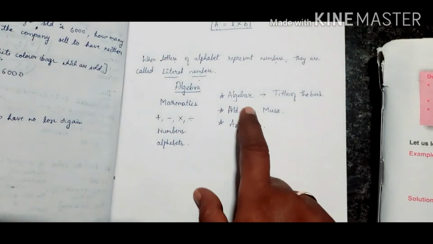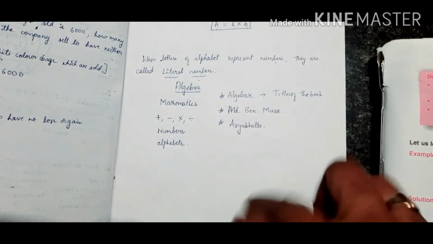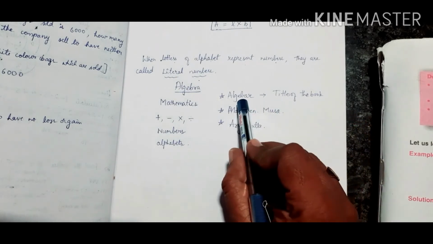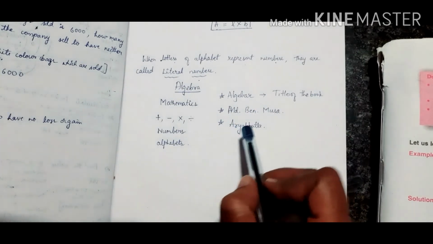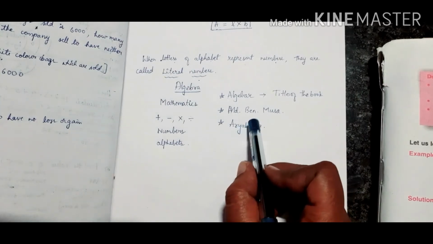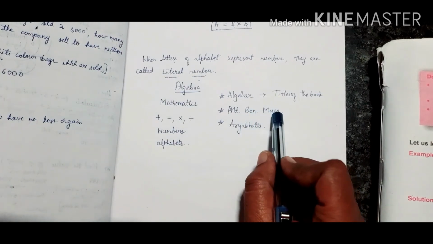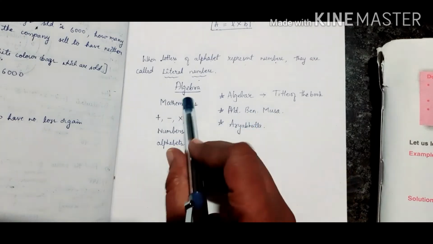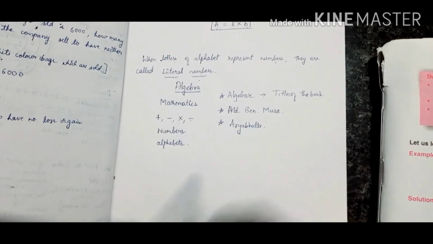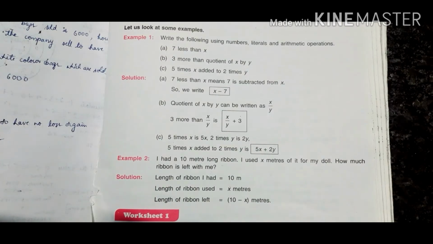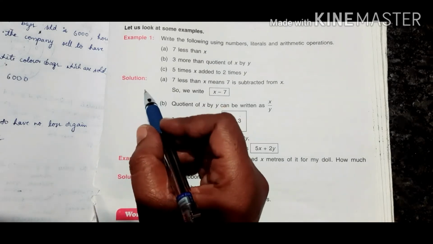The word algebra is derived from the title of the book Algebra, which was written by the Arab mathematician Muhammad bin Musa, and algebra was introduced in India by the Indian mathematician Aryabhatta. So children, with this introduction to algebra, let us solve some examples which are given in the textbook.